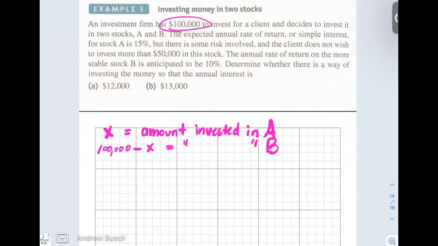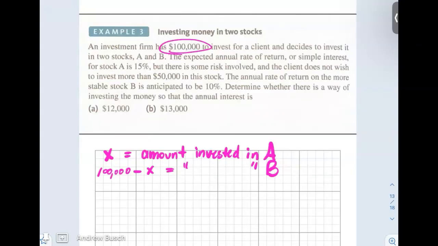Next, let's look at the interest. So the simple interest formula, let's write that here, is I equals P times R times T. P is the amount of money you're putting in.